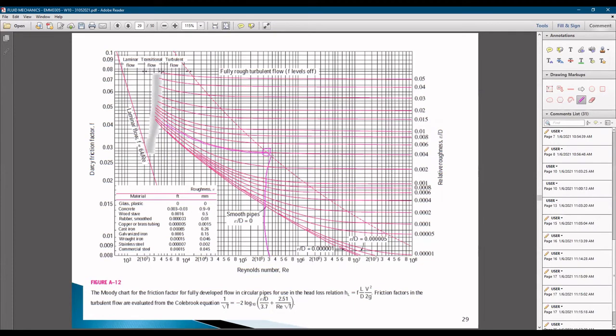Let's say at this point, at 3 times 10 to the power of 5 Reynolds number, the change in the friction factor no longer exists. So you can say that at this point, the friction factor is no longer affected by the Reynolds number.